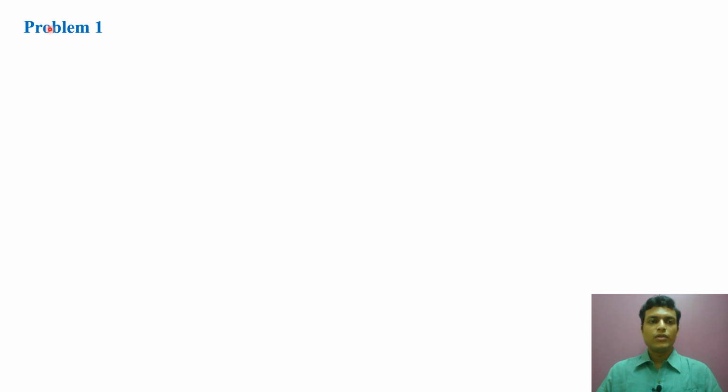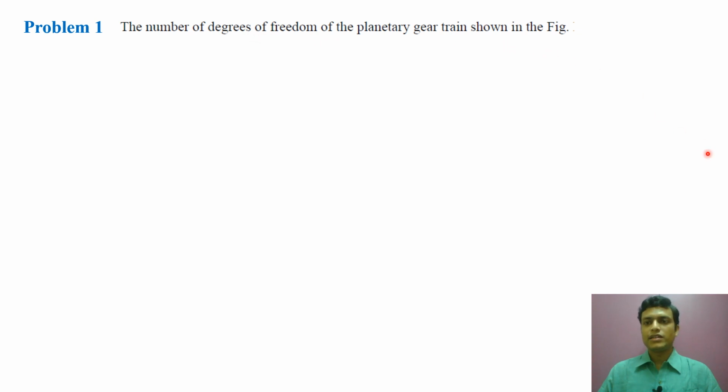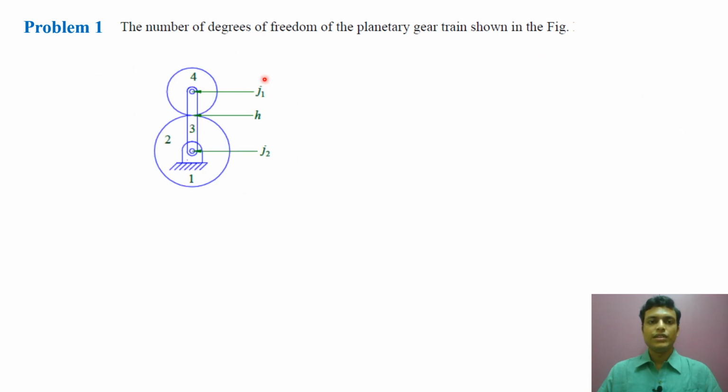Now problem number 1 from the GATE examination. The number of degrees of freedom of the planetary gear train shown in the figure has to be determined. So this is a planetary gear train. Number 1 is the fixed link, 2 is the sun gear, 3 is the arm and 4 is the planet gear. So how many links? 4 links.